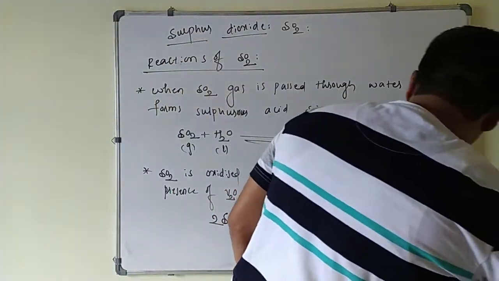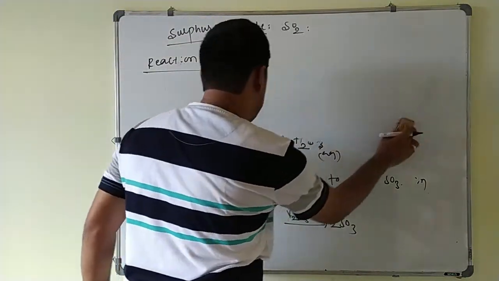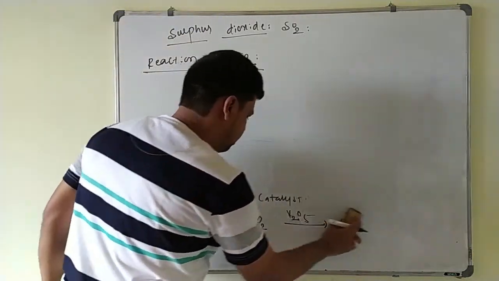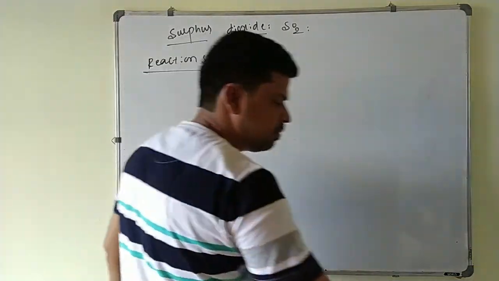So that SO2 is oxidized to the SO3. Next reaction. The reactions of SO2 with NaOH is very, very important.